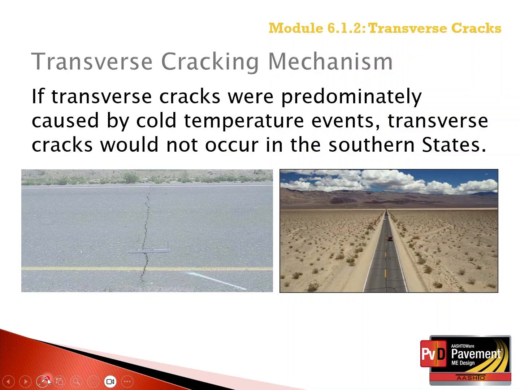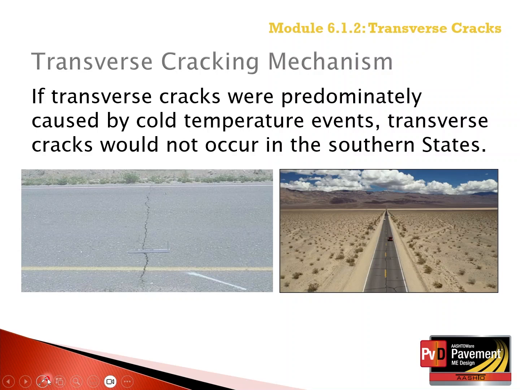If transverse cracks were predominantly caused by low temperatures, transverse cracking would not occur in warm or hot temperatures. However, transverse cracking is a common distress in warm climates.